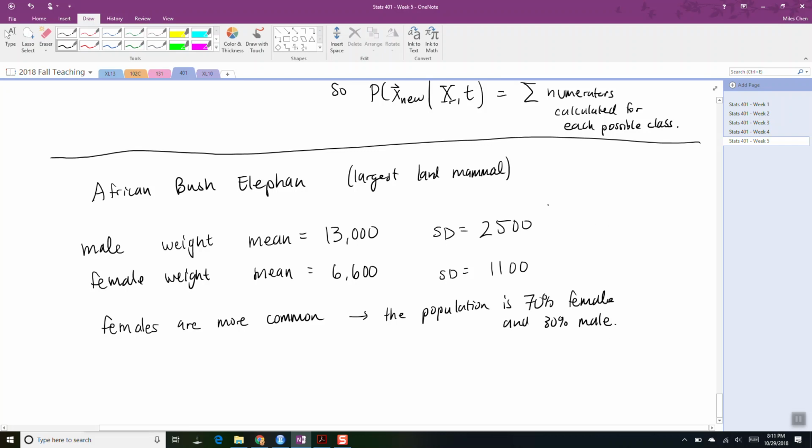So this part, we will say these summary statistics are based on the training data.